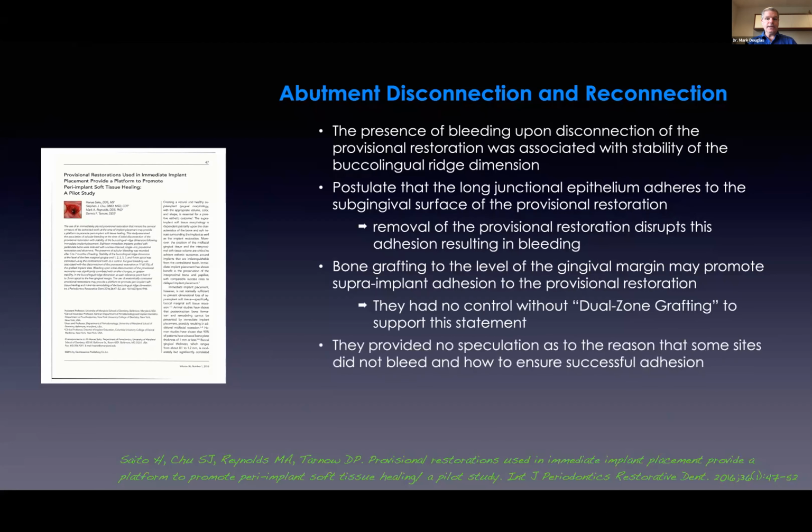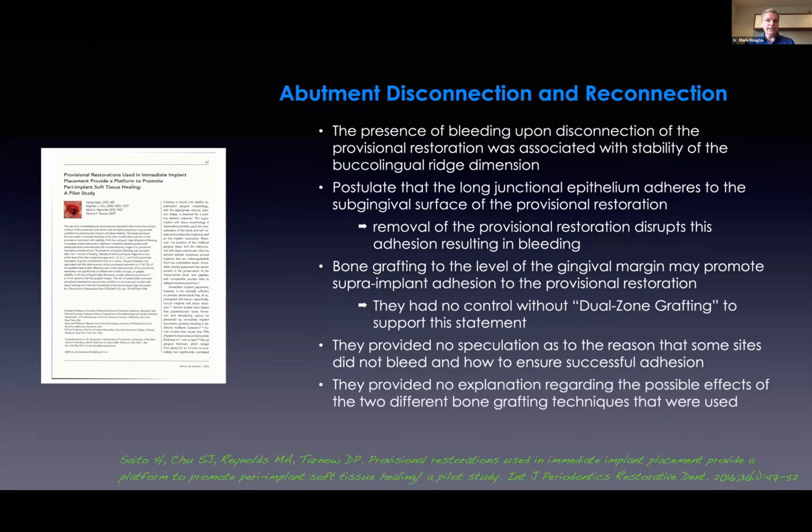They provided no speculation as to the reason why some sites did not bleed and how to ensure successful adhesion. They provided no explanation regarding the possible effects of the two different bone grafting techniques that were used. And there was no histologic analysis, but you can't do that in people.